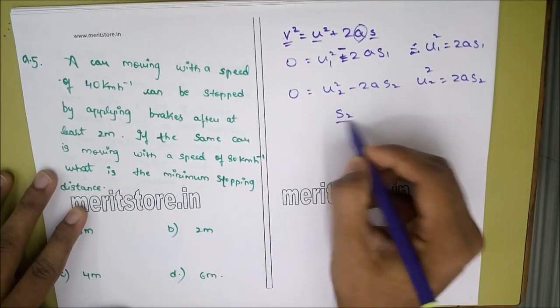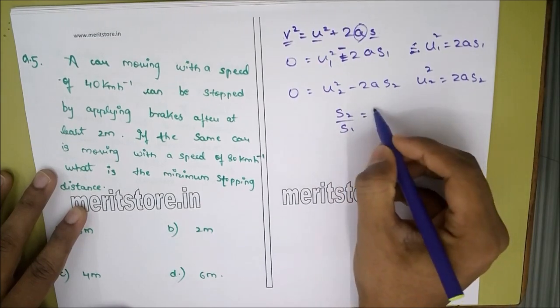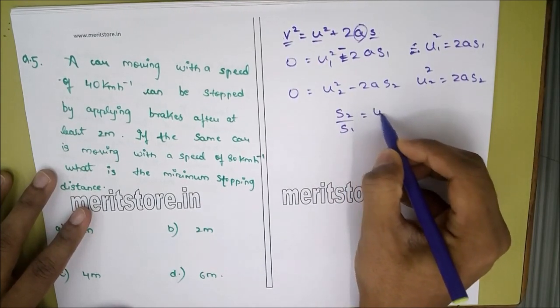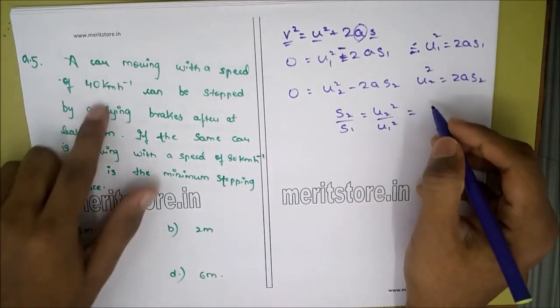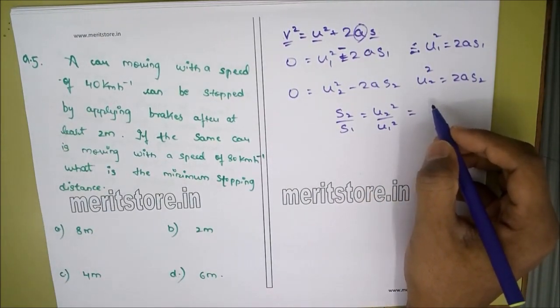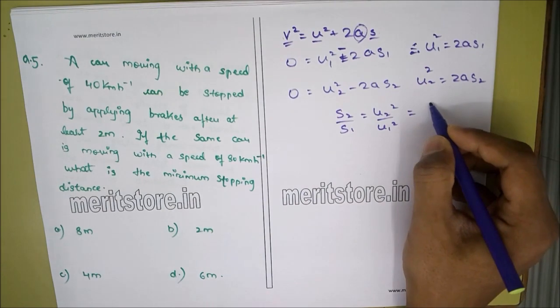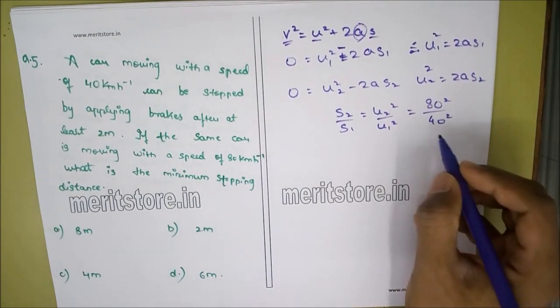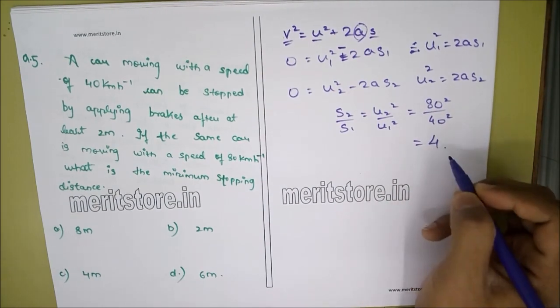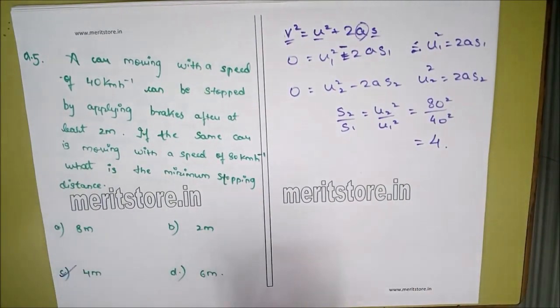So the ratio of s2 by s1 is given as u2 square by u1 square, and solving that, u2 is 80 square by 40 square. So the answer is 4. Hence option C is the correct answer.